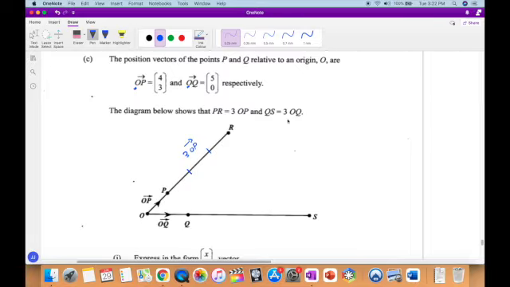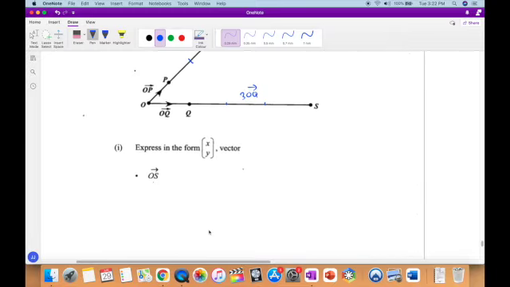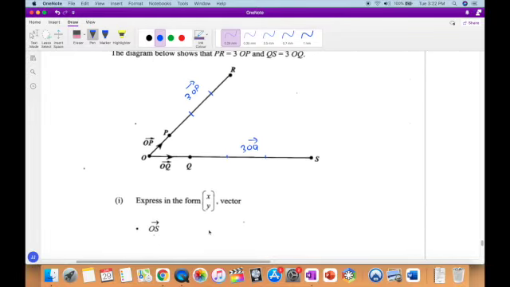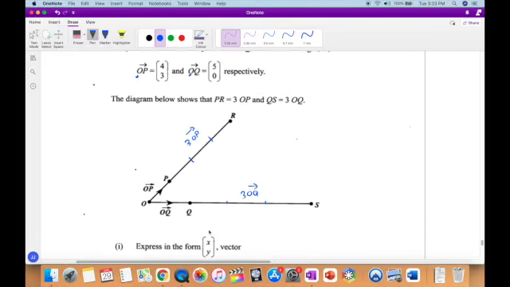And then QS is 3 times OQ. So 1, 2, 3. So you can see I have 4 OQs here in total. Express in the form [x; y] the vector OS. So let's write OP is [4; 3] and OQ is [5; 0].